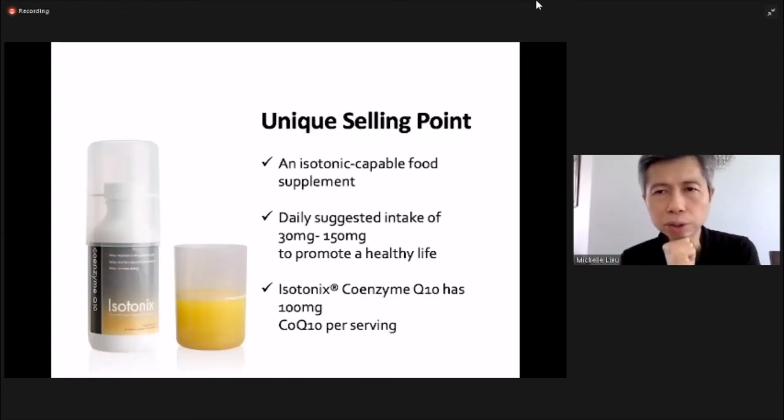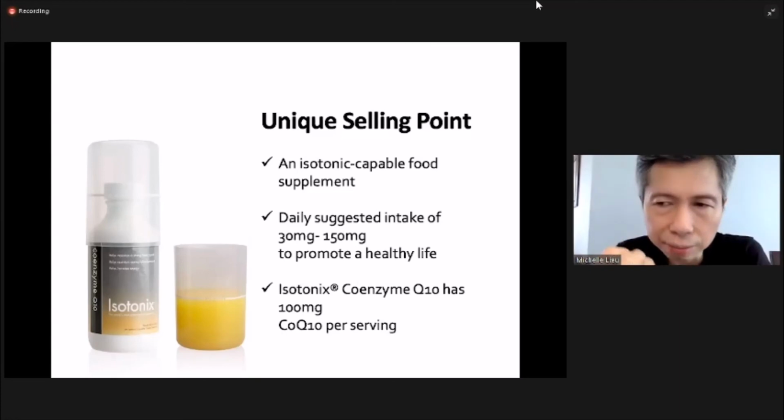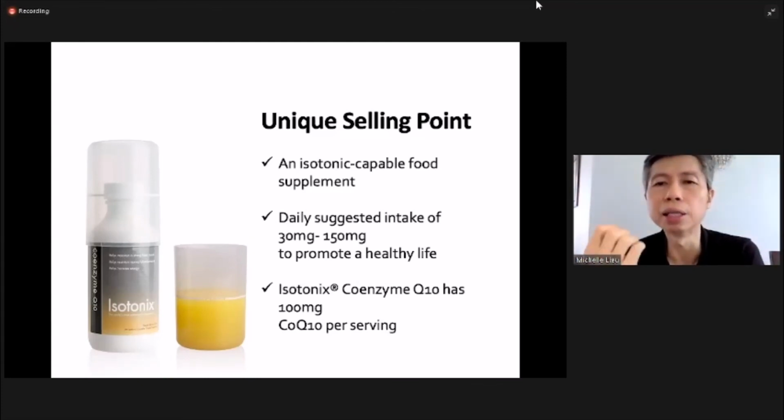So what's so unique about this particular product I just showed you? Well, it's isotonic capable. When it's isotonic capable, it helps to maximize the absorption and bioavailability of the supplement that you're taking. That's what we want. We want to get more bang for our buck, don't we?